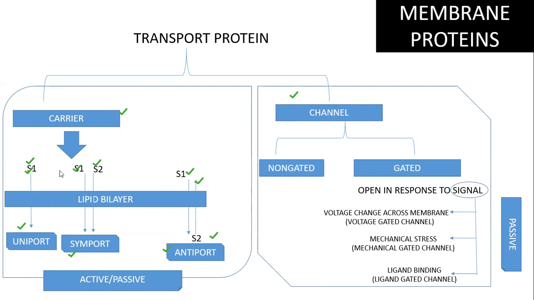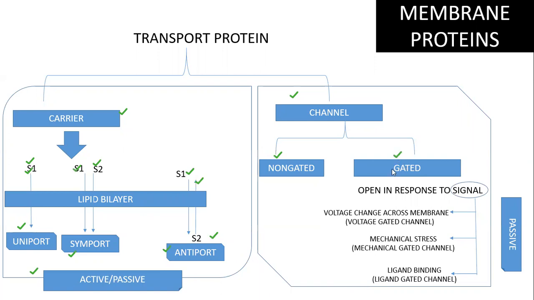Now these transports might be active transport or passive transport. I will elaborate later on what is active and passive. Now here comes the channel protein. Channel proteins are channel-like structures present in the plasma membrane, and they are basically of two types. Non-gated, that means there is no gate or barrier, so anything can cross through this protein.